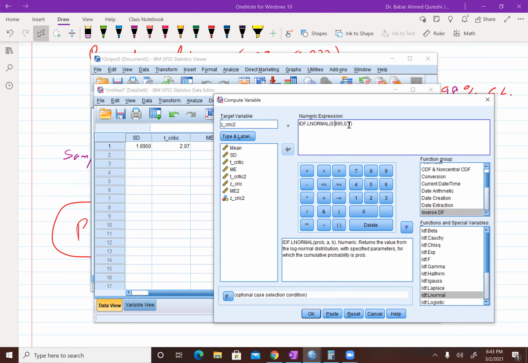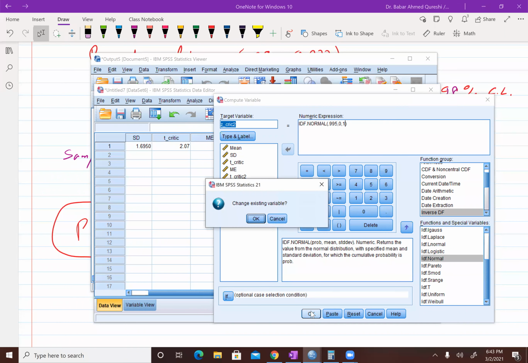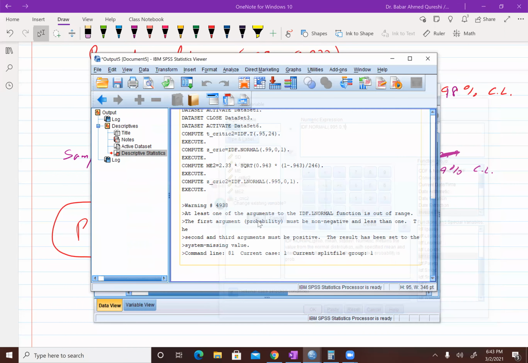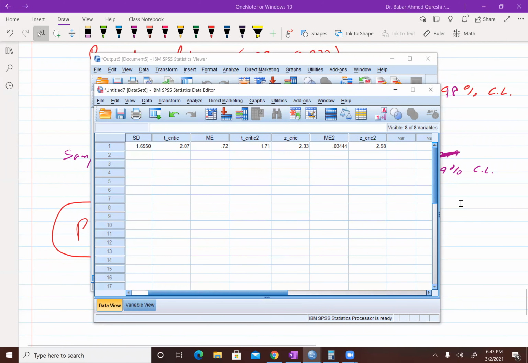Oh, it's log normal. We are using the wrong function. We have to pick IDF normal, 0.995, 0, 1. So it's 2.58.